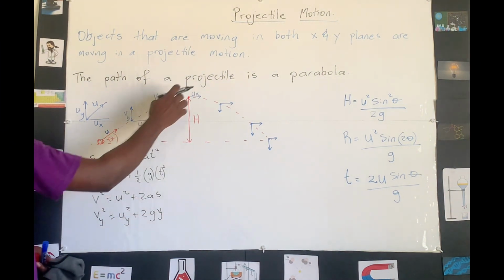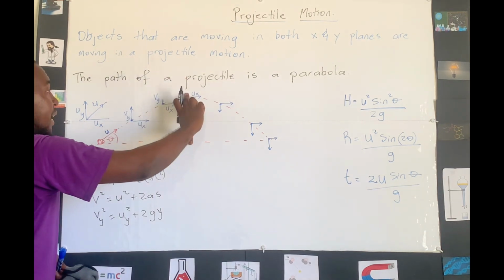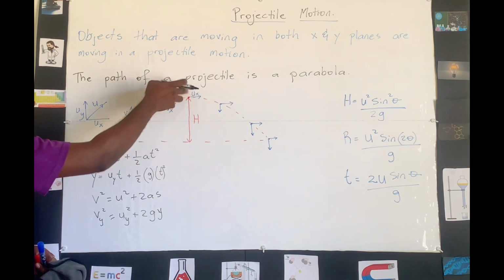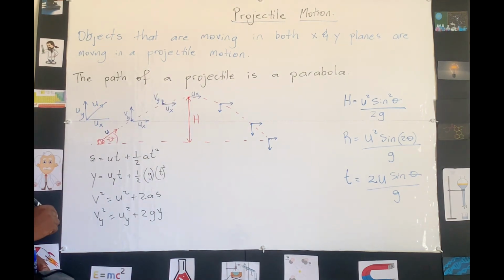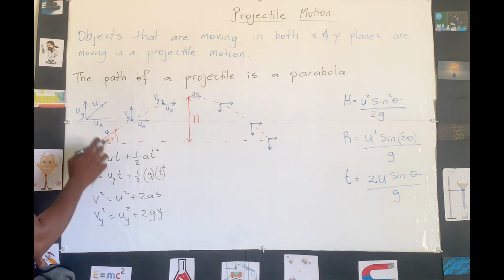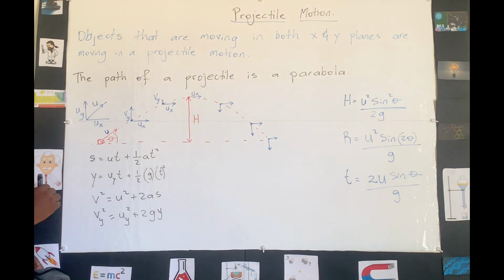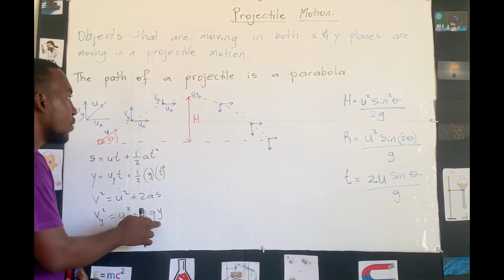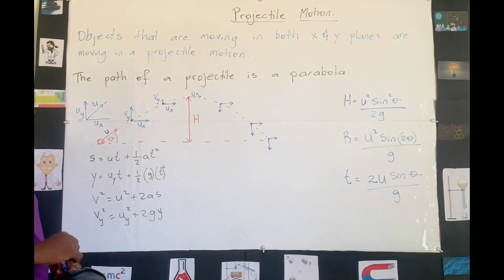And we know if we need to find the maximum height, this vy would be 0, because at the maximum height, there is no velocity in the y plane. So this would be 0, this would be the initial uy, g would be negative 9.81, and the y would be the height which we want to find. So in this case, we don't need time.